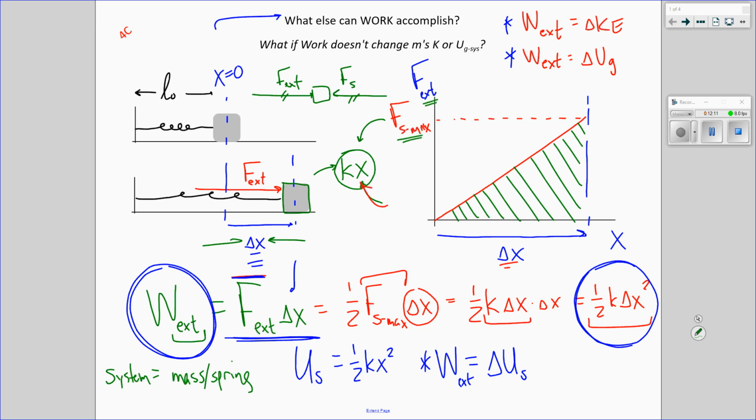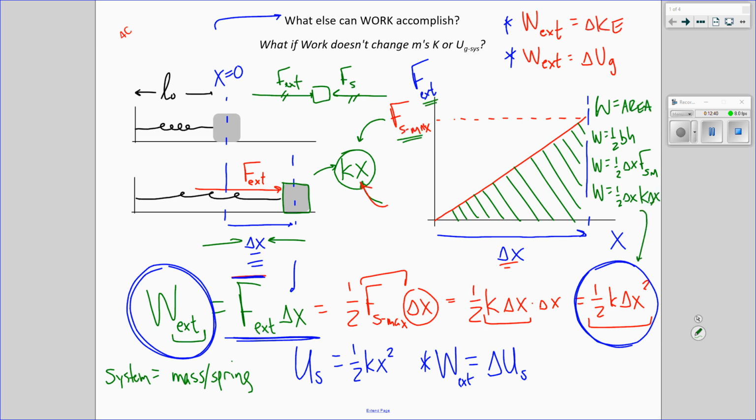And notice, if we said that the work is the area, well, work is 1/2 base times height. Work is 1/2 delta x, the height of this thing is Fs max. Work is 1/2 delta x times k delta x, and we get right back to that.